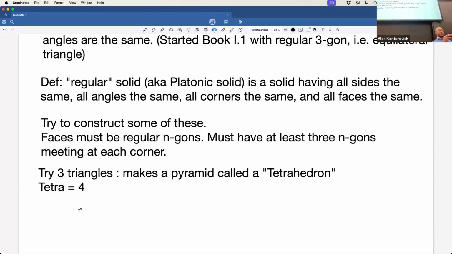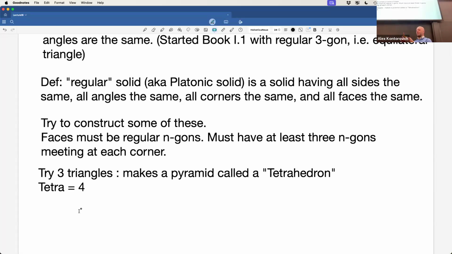So we can do this with 3 triangles meeting at a corner. Could we have 4 triangles meeting at a corner? I might use some assistance if somebody has fingernails. Now that I've closed this up, there's no way to open it in small hands. There we go. Instead of 3 triangles meeting at a corner, could we have 4? Why not?